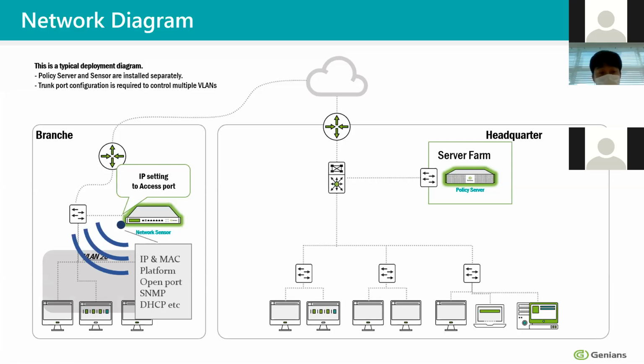We call it DPI, but it is not 100% perfect, meaning we identify certain devices as a Galaxy S20 or Mac Pro, something like that. But the more detailed information we collect, the more correct the platform detection will be.